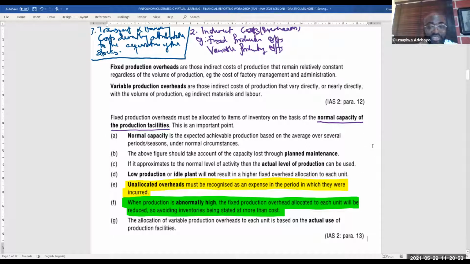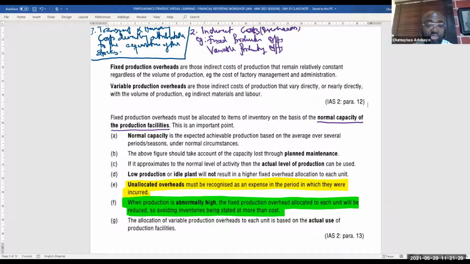Now, what this is trying to tell us is that not necessarily all of the fixed overhead will be absorbed into cost of conversion or into what we call the product costs. Some of it will be considered period costs. What is the difference between product cost and period cost? Who can give us guidance? Because you all know that part of production overhead costs can go into period cost and some can go into product cost.